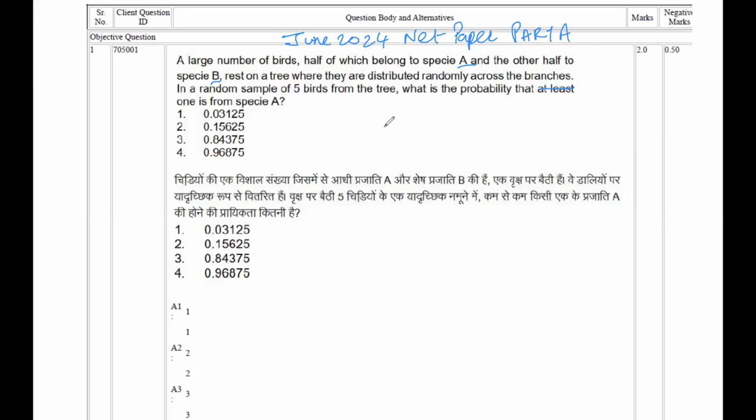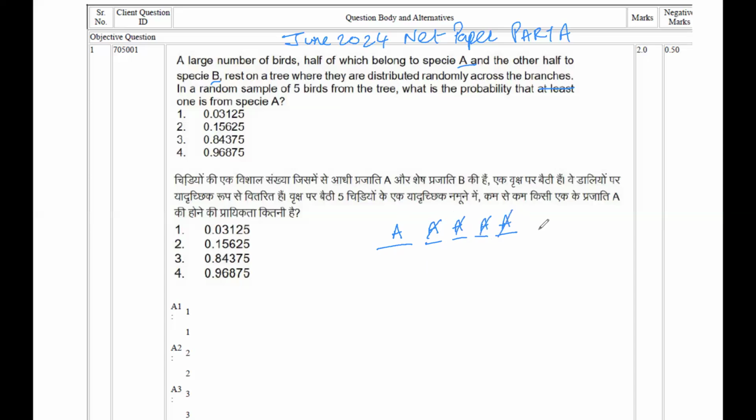So, see, out here, they've given us the probability that half is from species A and half is from species B. Which means that if I were to consider one of the 5 birds is from species A, then my answer would be: in a random sample of 5 birds, exactly one is from species A, the remaining are from not A, meaning from B.